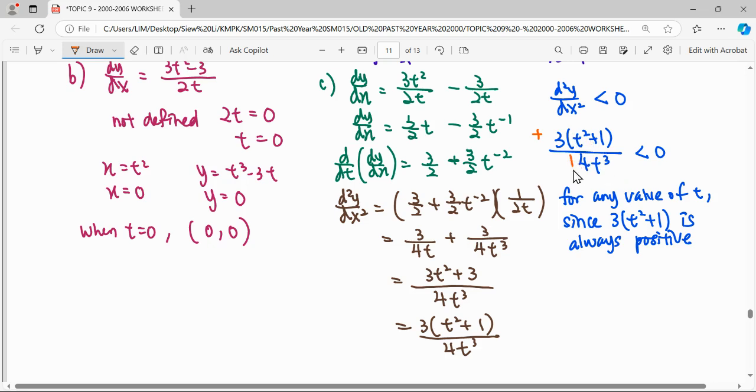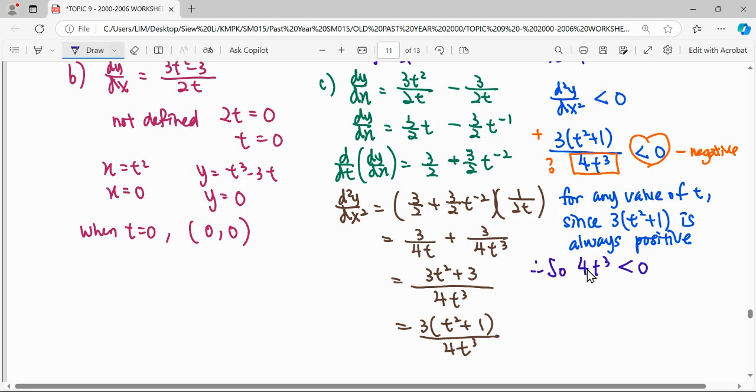From there, we can deduce what happens to the denominator, because t cubed can sometimes be positive, sometimes negative, depending on your value. So it is not certain. Positive divided by something uncertain to get negative: less than 0 means you want a negative result. So combining numerator and denominator to be negative, the denominator needs to be negative. Positive divided by negative, the conclusion for this fraction is negative.